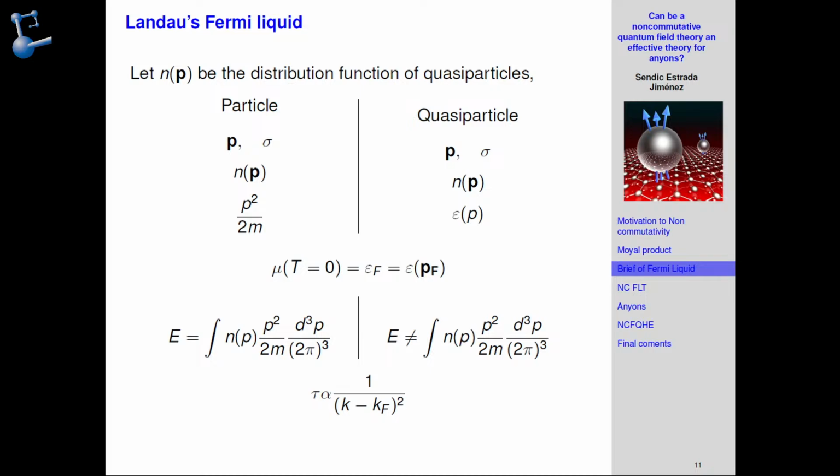Then we have this relation for the quasi-particle kinetic energy, this energy epsilon, the total energy as the sum, and the density of states. This is not the sum, only the density of states with kinetic energy. This theory is valid only near the Fermi surface because the lifetime of these quasi-particles is proportional to this relation.